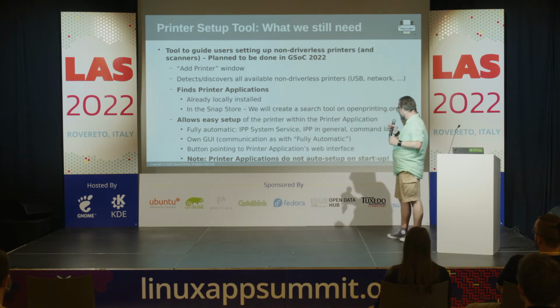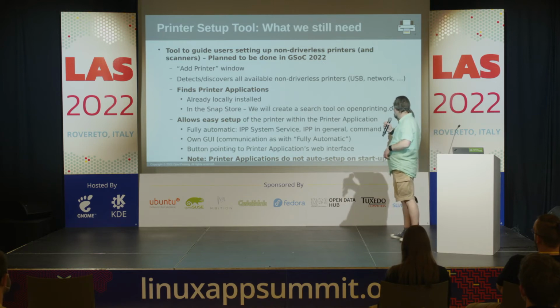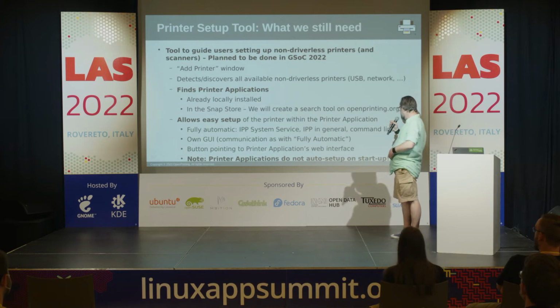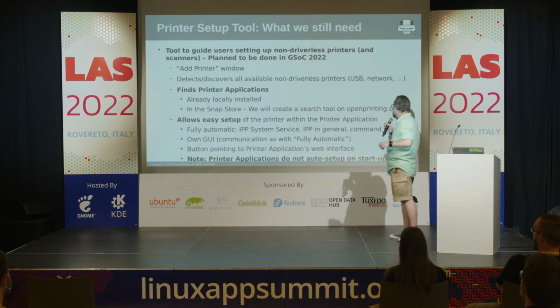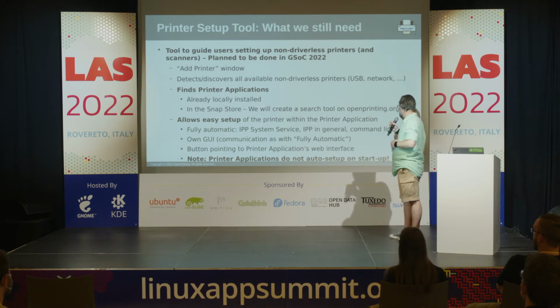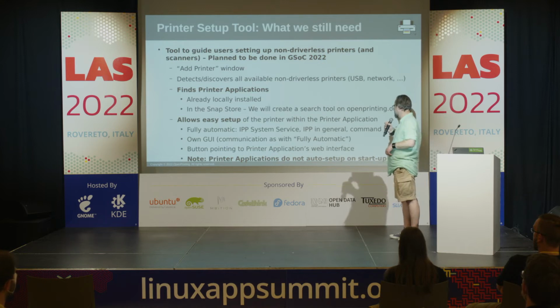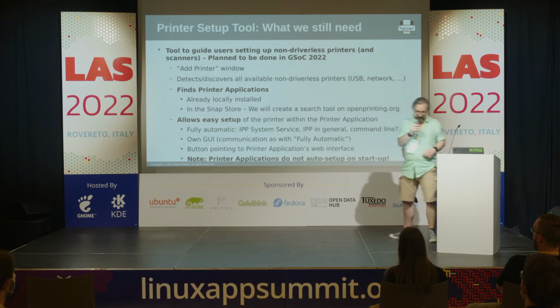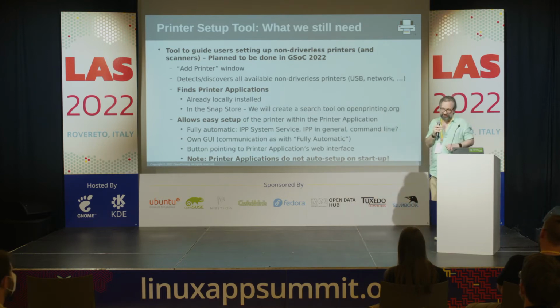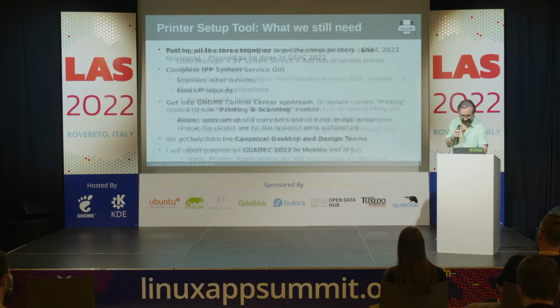And with this way one can easily set up the printer application for the printer. And here we install the printer application, which OpenPrinting tells us which is the right one, and install the printer in the printer application, and then we will after that see the printer's IPP service in the main window, and we can print on it.